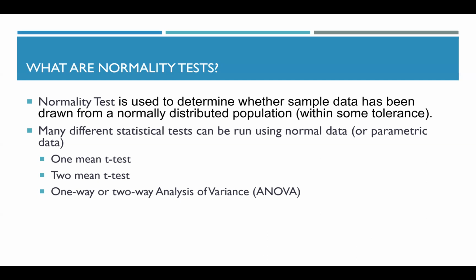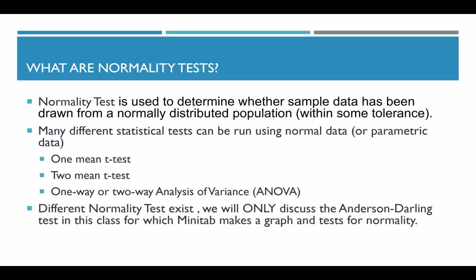There are about, I think, 3 different normality tests. We're only going to discuss one of those, and the one that we're going to discuss is called Anderson-Darling.